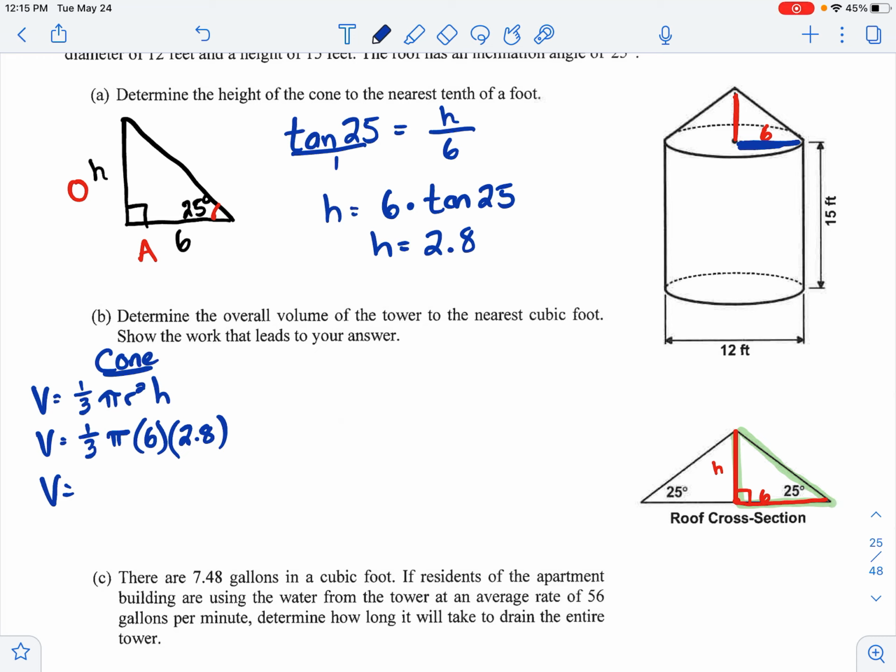Okay. I am going to leave the volume in terms of pi here. I won't round until the very end. 1/3 times 6 times 2.8 is 5.6 pi. And that's feet cubed. Okay, now I'll do the cylinder.